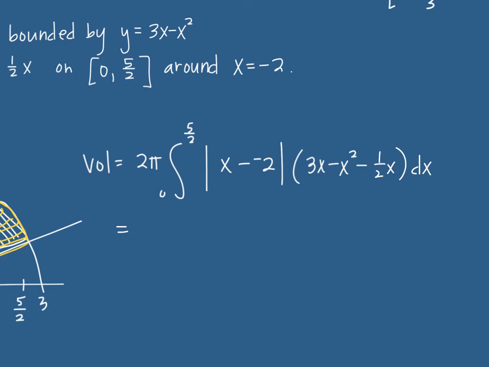So when we clean this up, we'll have 2 pi on my bounds from 0 to 5/2, the absolute value of x plus 2, and then when I simplify and combine like terms, I'll have 5/2 x minus x squared.